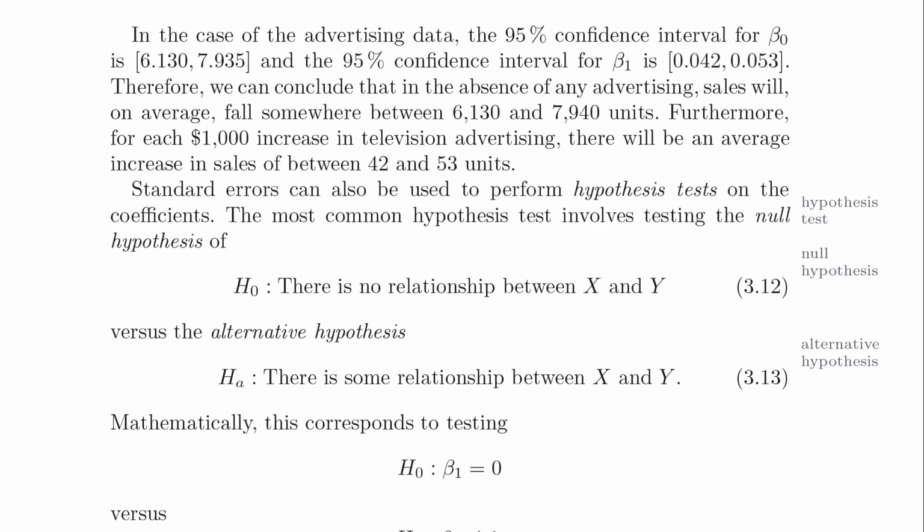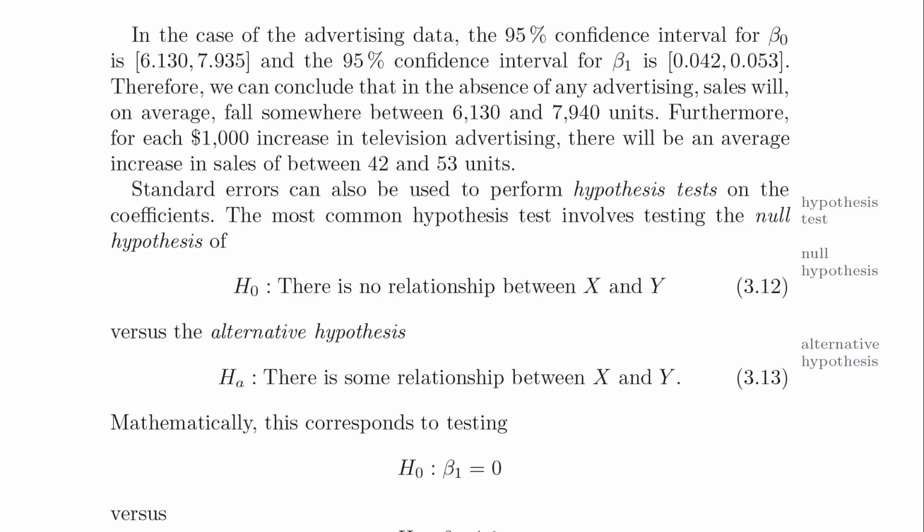Therefore, we can conclude that in the absence of any advertising, sales will on average fall somewhere between, and this is just because these values are in thousands, 6,130 units and 7,940.